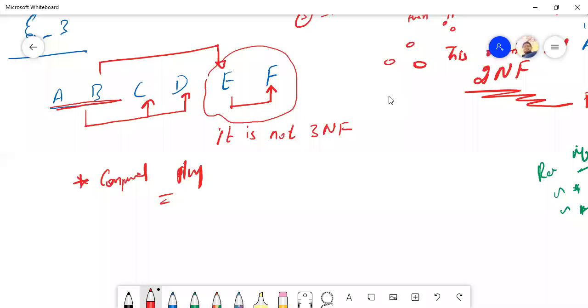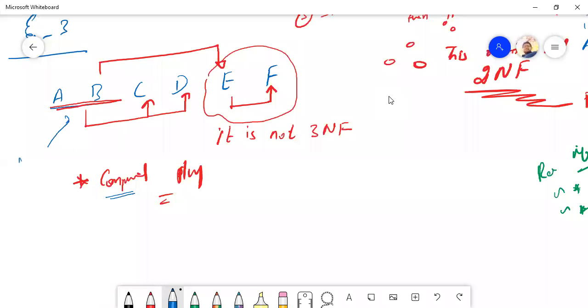If you see a composite key, then there may be a possibility of partial dependency. If you find a composite primary key, then we can say there may be a partial dependency, so we need to check further.